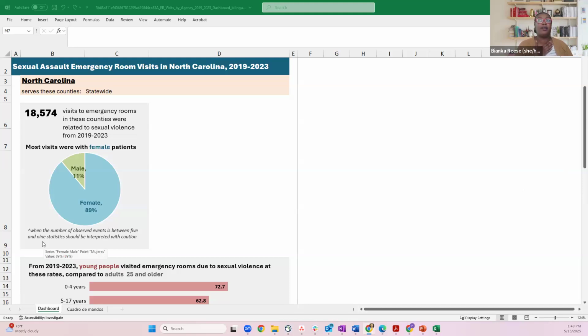It might not be stable, or as accurate as it could be. And if the number of visits for any group is below 5, it's not reported at all. So if you see a 0, it might not be a true 0. It might just be that there are fewer visits for that type of person and it's not reported.